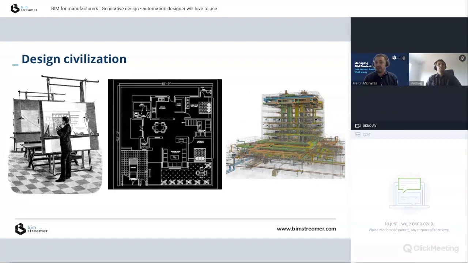Later on in the 70s, during this third industrial revolution I was telling you about, the tools changed a bit. Instead of using the drawing board, we started using computer-aided design software, so the CAD systems.